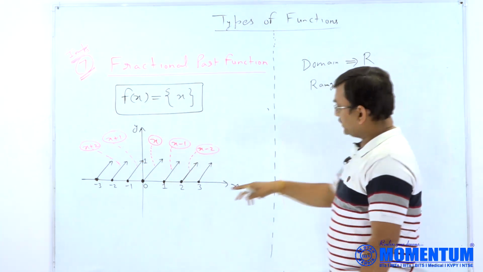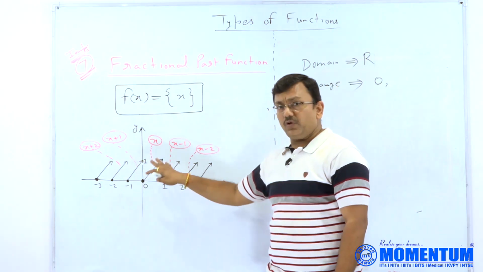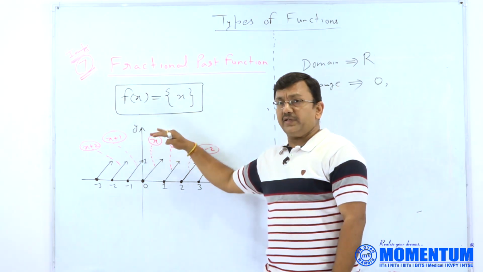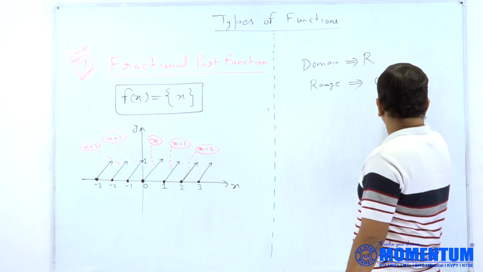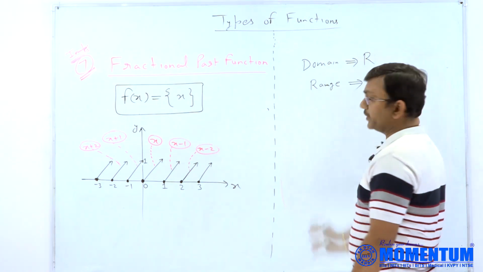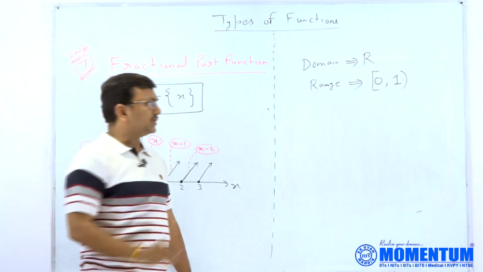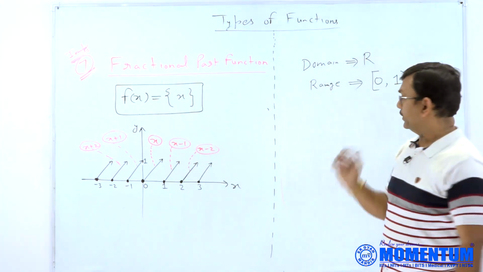But dear students, ध्यान से देखो 1 पे क्या आ रहा है? Arrow. It means what? ग्राफ हमारा 1 को रीच कर रहा है बट 100% 1 नहीं हो पा रहा है. So at the time of writing range, 0 has square bracket, 1 has round bracket. That means 0 is included in the range but 1 is not included.